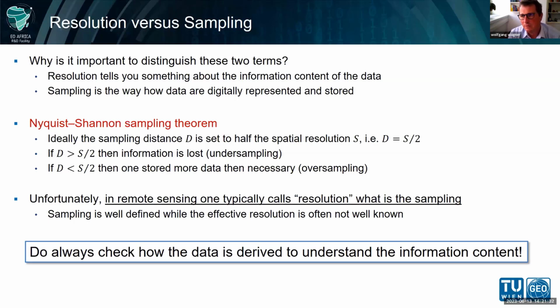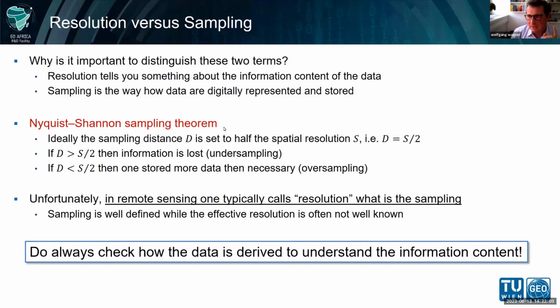So if, for example, you have a spatial resolution of 40 kilometers, the optimum sampling would be in the order of 20 kilometers. This would correctly display the information content of this data set with its native spatial resolution of 40 kilometers. This is referred to as the Nyquist-Shannon sampling theory.